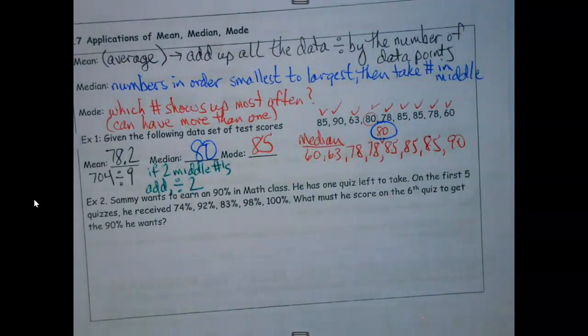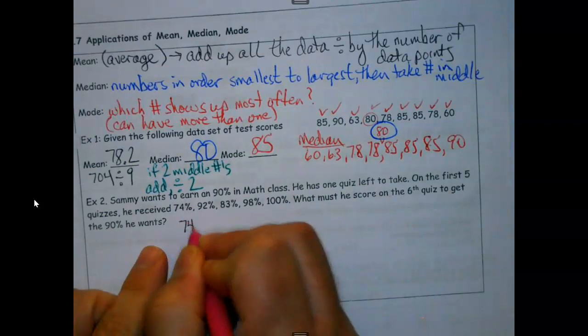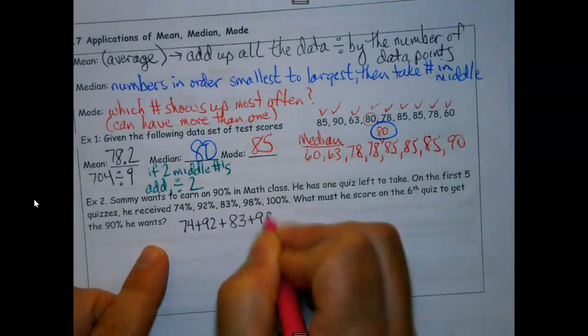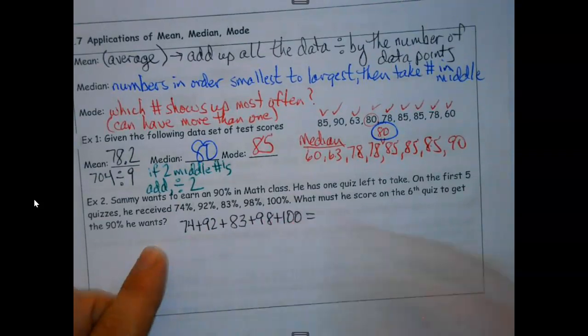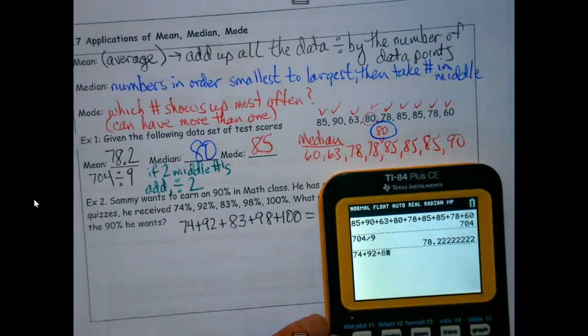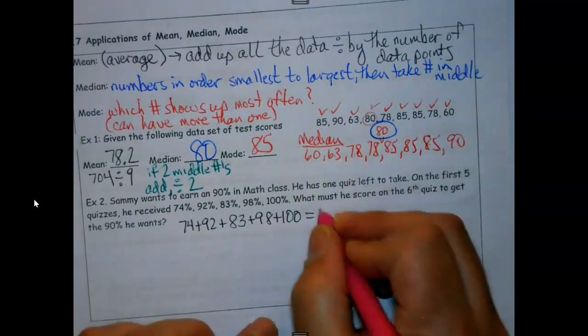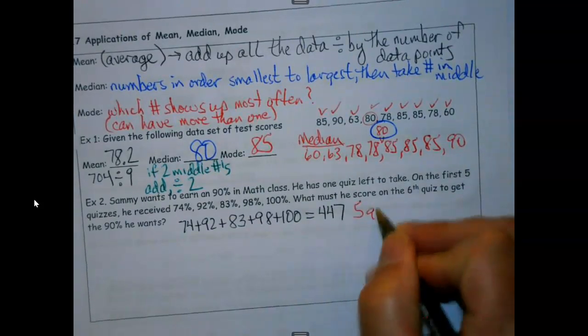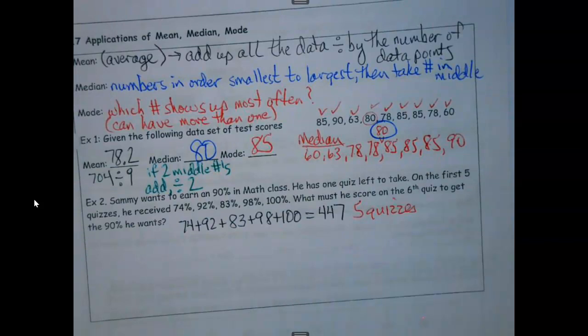So far he's gotten 74, 92, 83, 98, and 100. So let's add those up. So that's 447 he's got so far. Now, this is on 5 quizzes that he's taken.